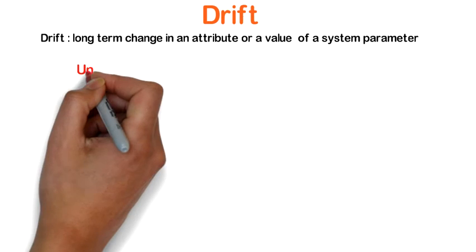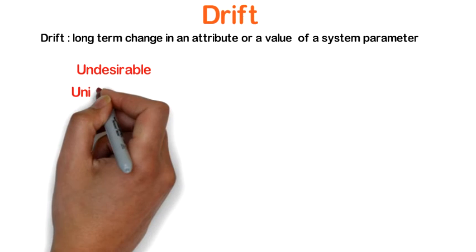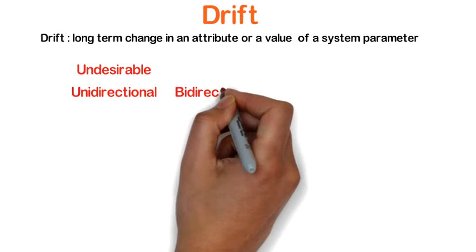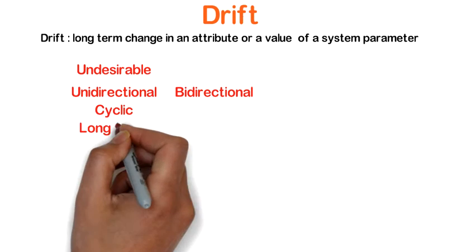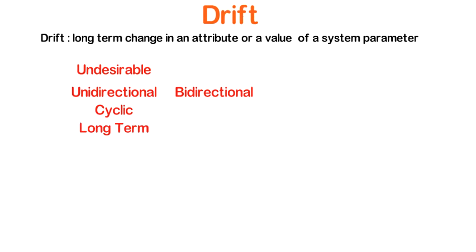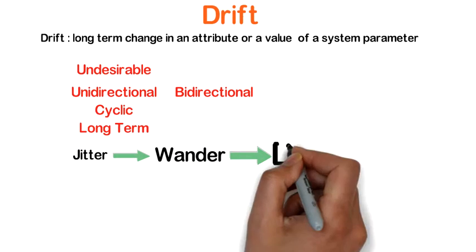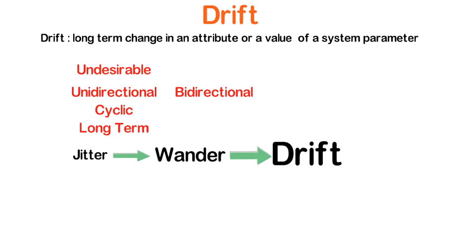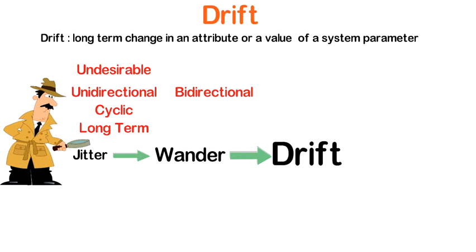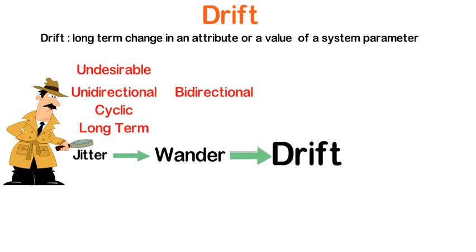Drift is undesirable and unidirectional, but may be bidirectional, cyclic or long-term duration transmission parameter. From this we may say that jitter, wander and drift have increasing periods of variation. Means we have to control the small time errors for long-term benefits of the system.